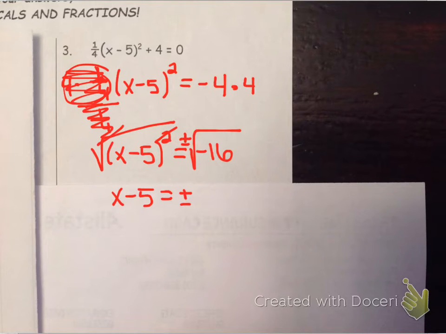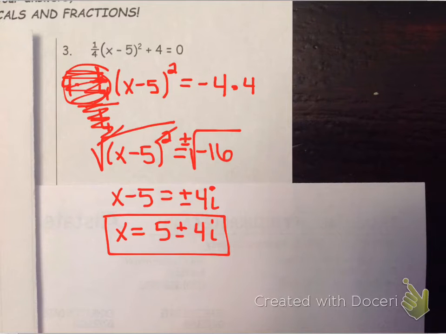The square root of 16 is 4, and the fact that it was negative makes it imaginary. Makes it an i. And so now when we do our last step and we add the 5 to move it to the right side, and it becomes positive 5 plus or minus 4i, this time we actually are truly done. We can't combine those two terms.